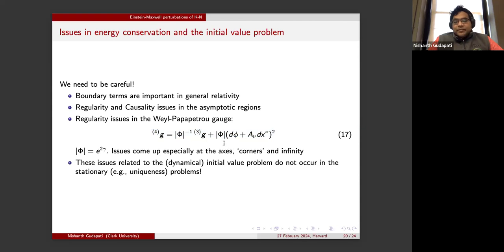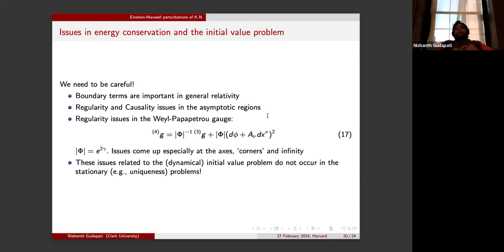I mean, it's the length of the d phi field. And that blows up at infinity as well, right? But there's a form where it blows up at the axis as well, but the axis also goes to infinity. And also the axis intersects the horizon at a right angle.